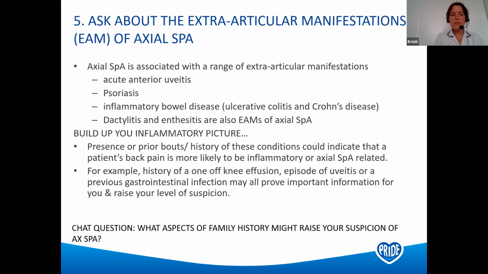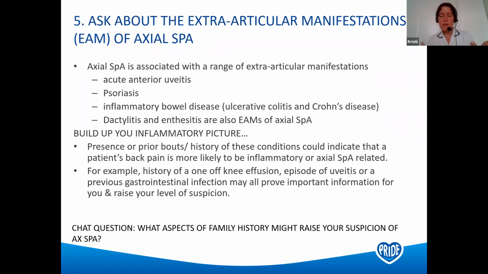So the key ones, you've got your acute anterior uveitis. So we need to target ophthalmologists to get them to refer their inflammatory back pain patients over to us. The key one as a condition that would present with patients with inflammatory back pain is inflammation in the eyes, your acute anterior uveitis, but also skin, so your psoriasis, but also inflammatory bowel disease, so your ulcerative colitis or your Crohn's.